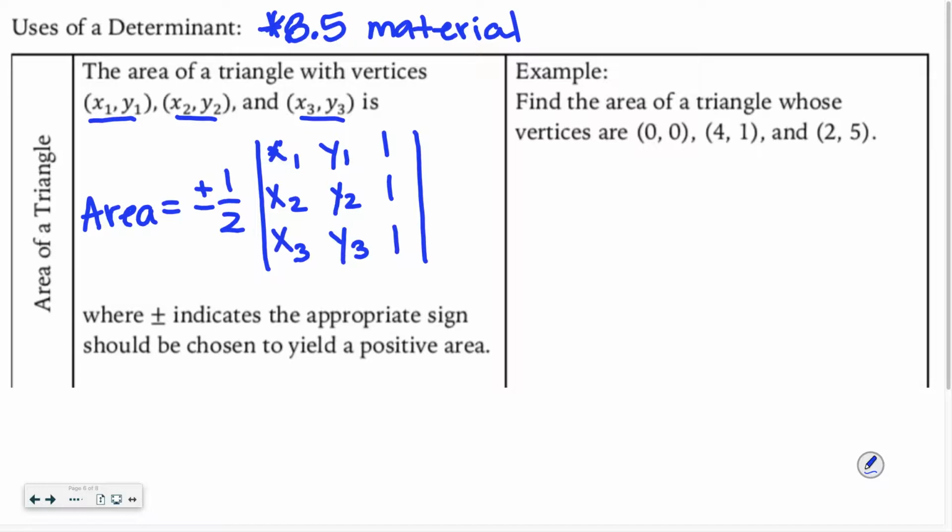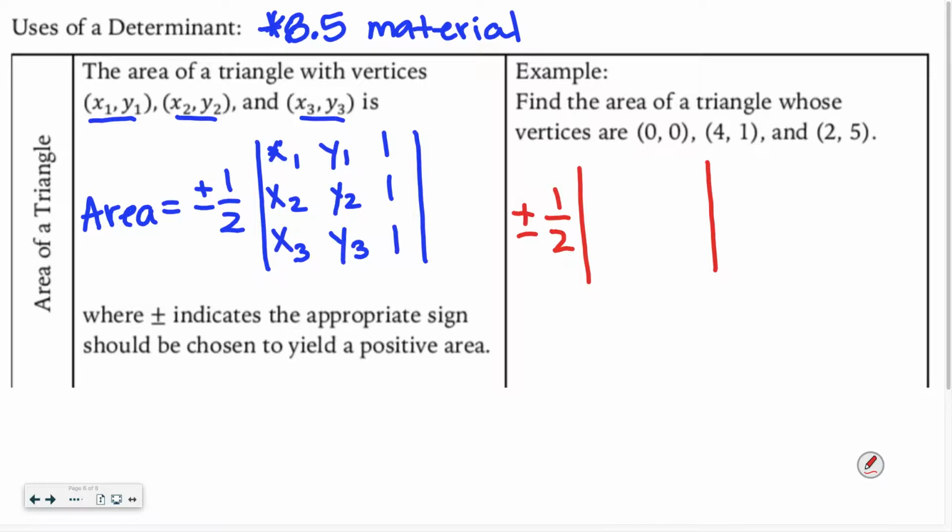Okay, let's go ahead and set it up together, and then I'll have you work on the determinant at your table. Okay? So if I want the area, we are going to take plus or minus 1/2 times the determinant, and it really doesn't matter the order in which you put these in.